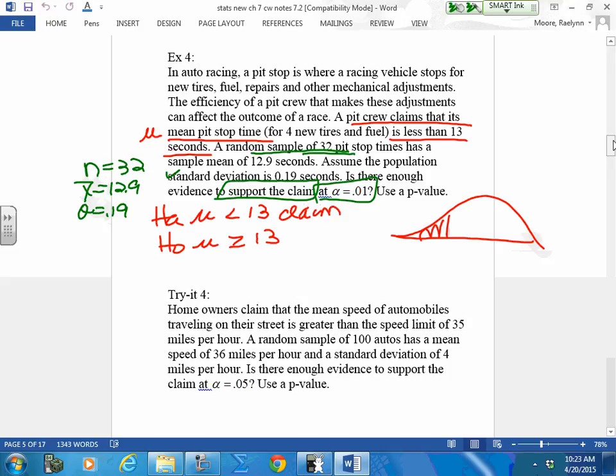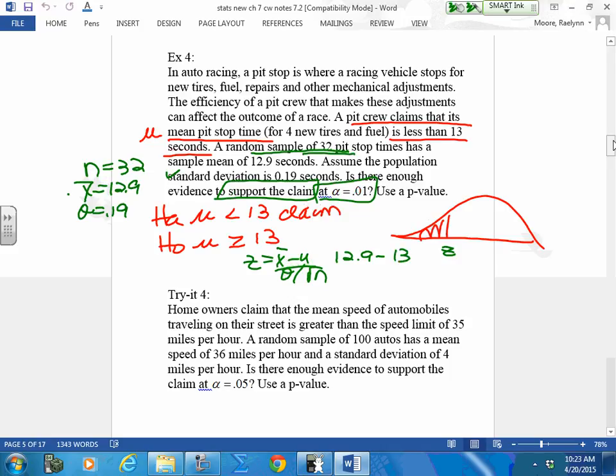Now we've got to find your z: x-bar minus mu over the standard deviation divided by the square root of n. What's the sample mean? 12.9. 12.9 minus what's the population mean? What's in your claim? 13.